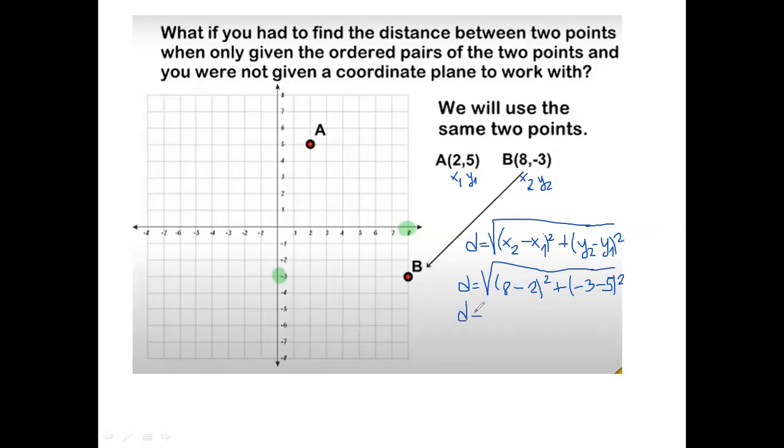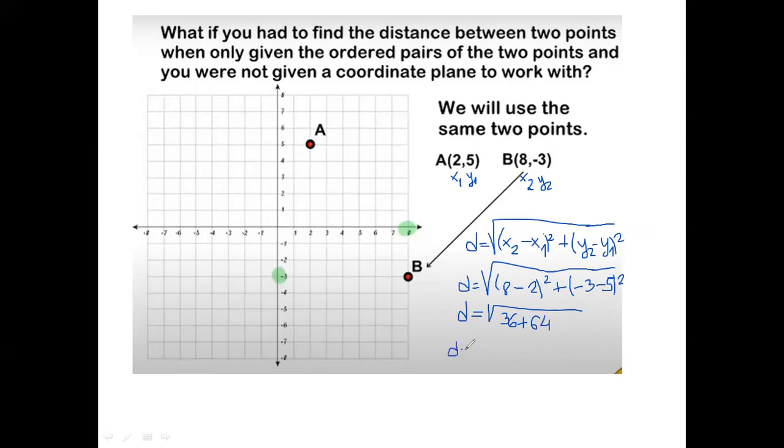So now we'll have the distance. We will get the same numbers as above, from the previous formula. So that will be 8 minus 2 is 6. That squared will give me 36. And plus the second one will be minus 3 minus 5. They're with the same sign, so we just copy the sign and add the numbers. So it will be minus 8 squared, and that is 64.